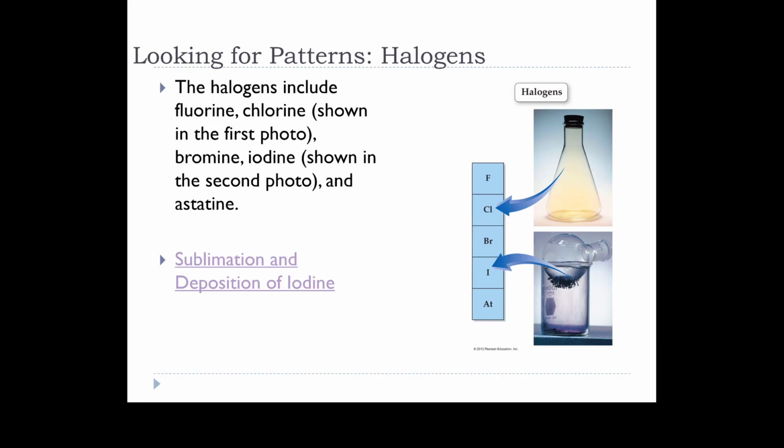It doesn't go through the liquid state. We call that sublimation. And so this is a neat thing you can do. You can take some iodine, you can heat it up on a hot plate, and you'll make a nice purple gas inside of your container because it's turning into iodine gas. And then if you have some cold water or some ice or something on top up there, you can grow little iodine stalactites off of the thing that you've got on the top up there, right?